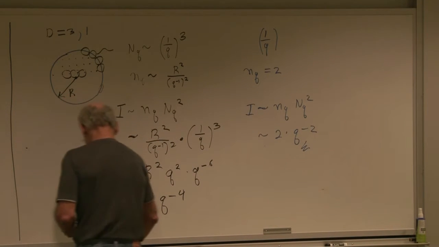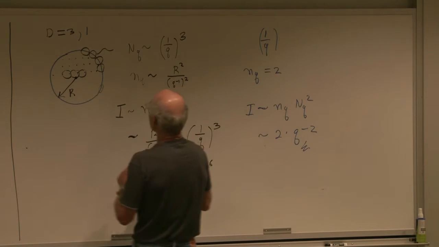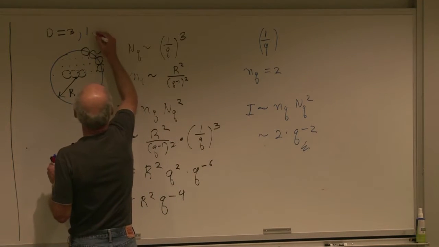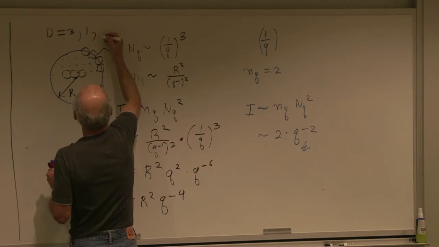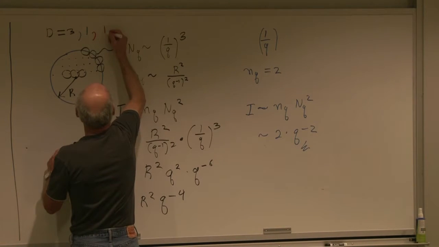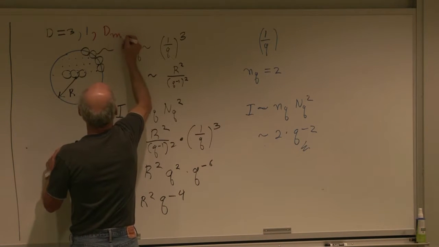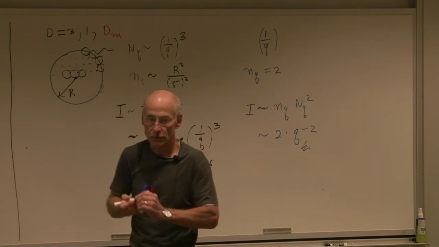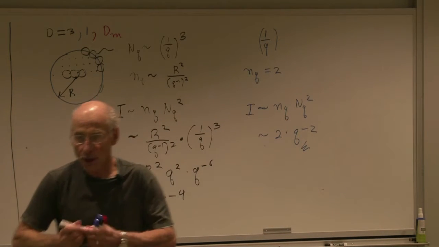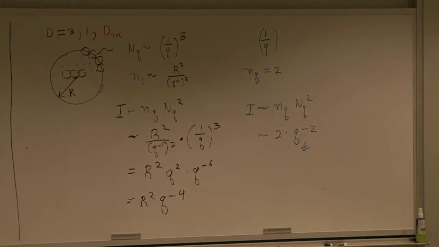What if the dimensionality of this object was d_m? The mass fractal dimension.